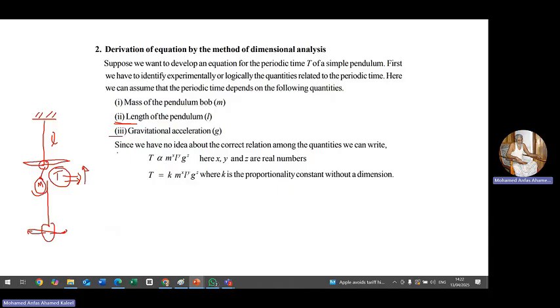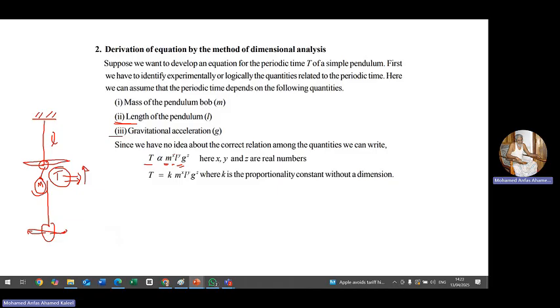Since we have no idea about the correct relation among the quantities, we will write T is proportional to M, L and G. Before we know the correct relationship between T and the logically related quantities, that means the periodic time of a pendulum is proportional to M and L and G.